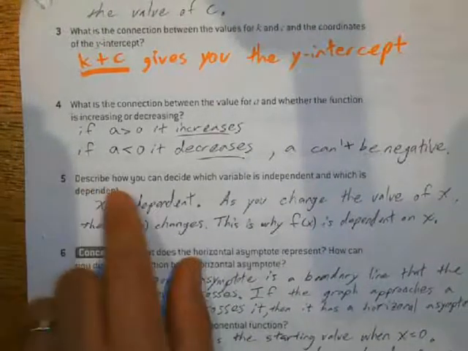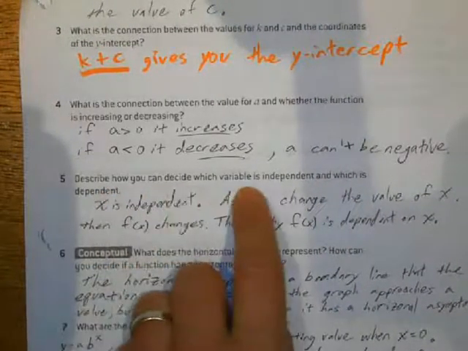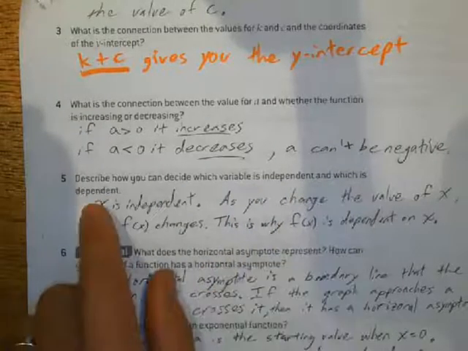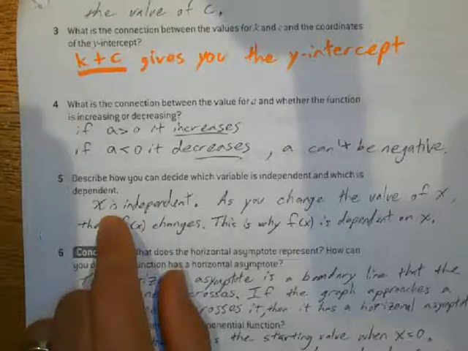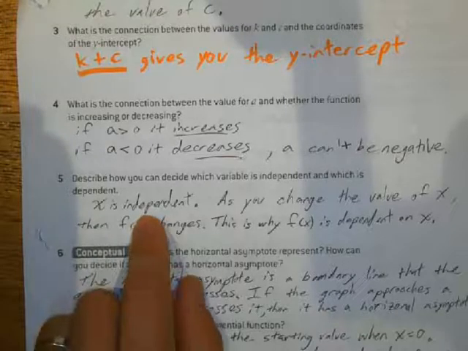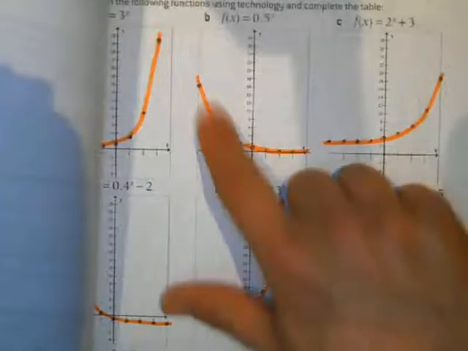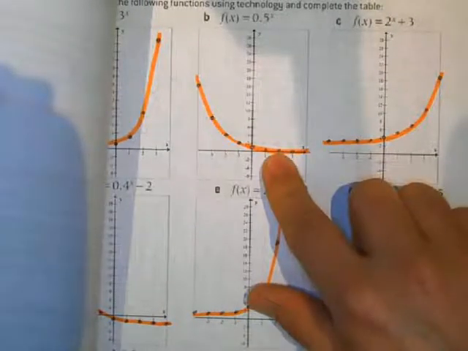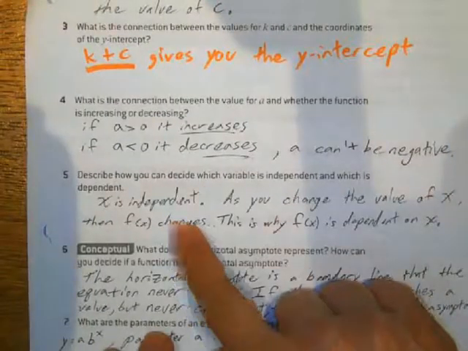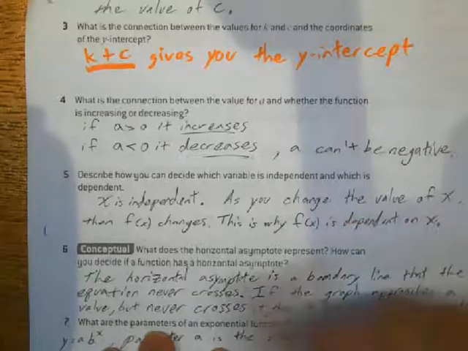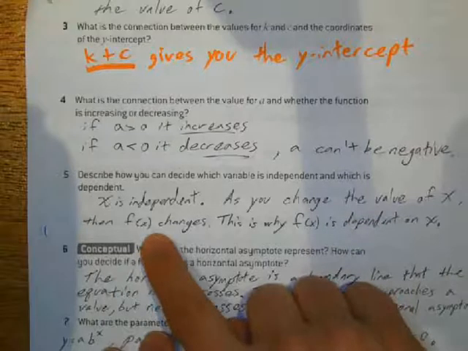Okay, describe how you can decide whether a variable is independent and which is dependent. So we're going to start off with x being independent, which means x can be whatever we want. You can pick any value of x, and then that gives us our y value.